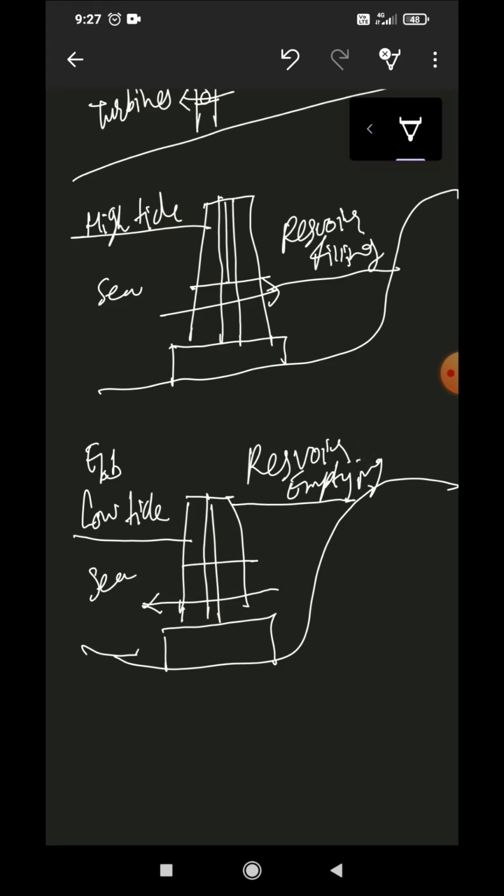So sluice gates are shut during turbine operation. When the flood tide, that is high tide, comes in, the sluice gates are opened to permit the seawater to enter the basin or reservoir. While the turbine sets are shut, the reservoir thus starts filling while its level rises till maximum tide level is reached.